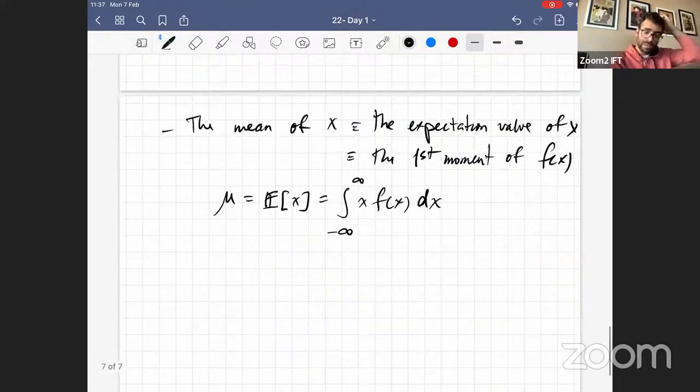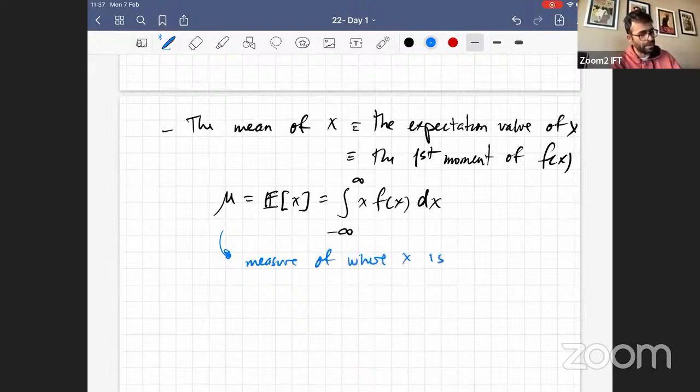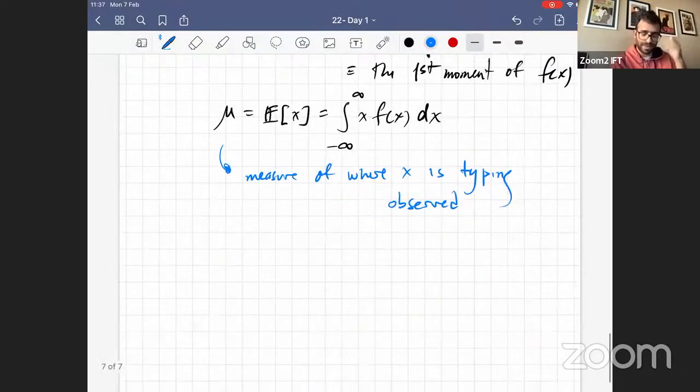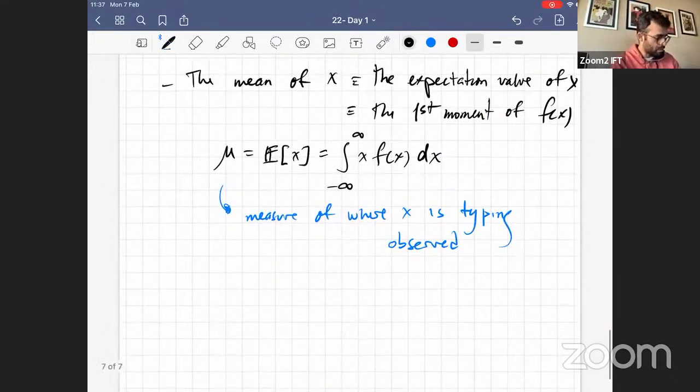And this is arguably the most important, most typical use of a PDF. What it does is tell you a measure of where x is typically lying, where it is typically observed. This is what it gives you, more or less. But now that we talk about moments, you can go to the second moment, which is the variance.